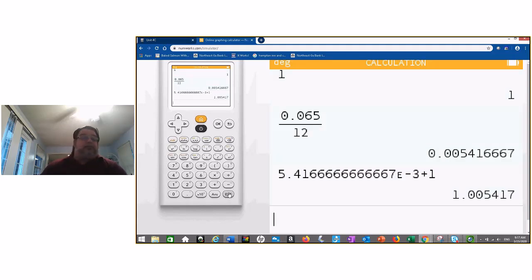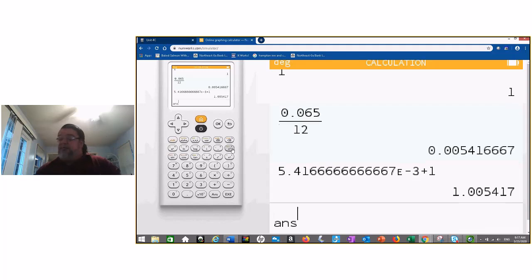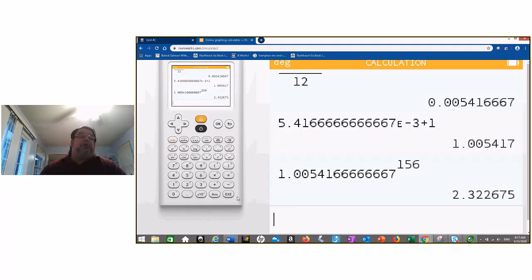All right, raised to the what? Where is my x to the y key? There it is. X to the y, 156, right? Yes, sir. 156 equals. Check to see if that's what y'all got for the parentheses. Minus 1.